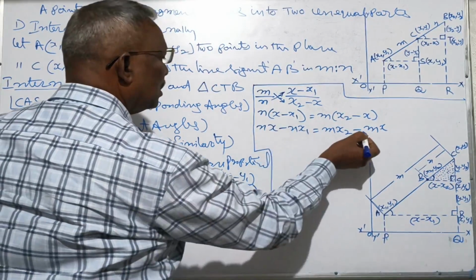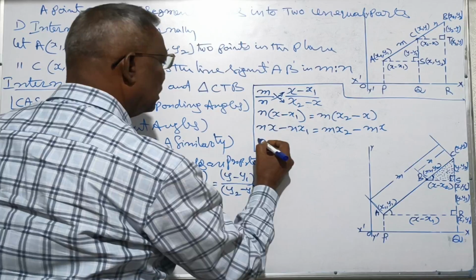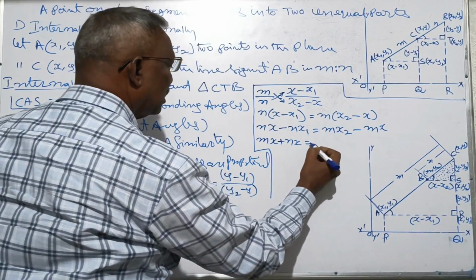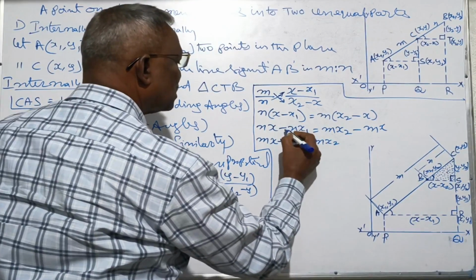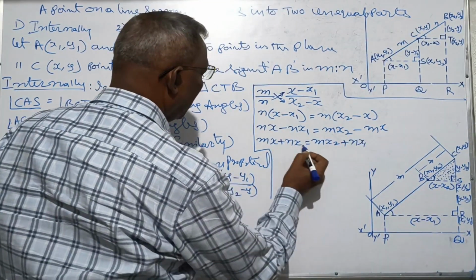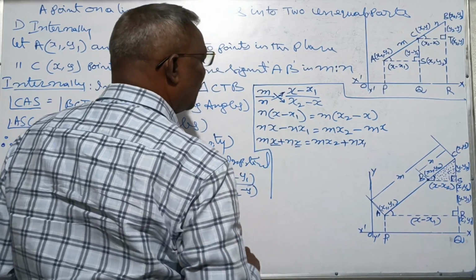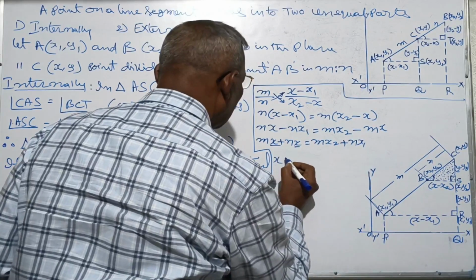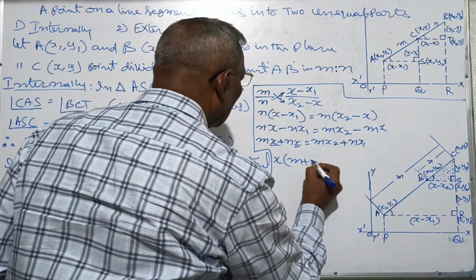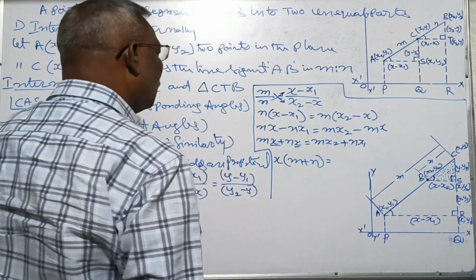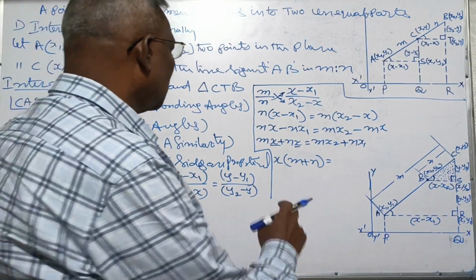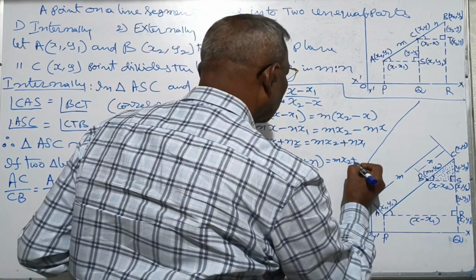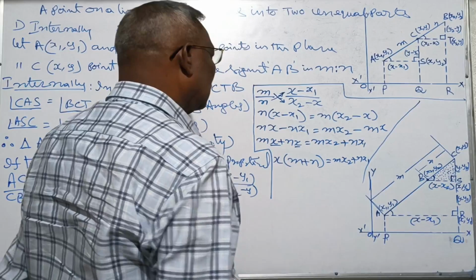Next, minus MX will come to this side, plus. MX plus NX is equal to MX2, and here minus will go to that side, plus NX1. Here X is common. That is X into M plus N is equal to MX2 plus NX1.